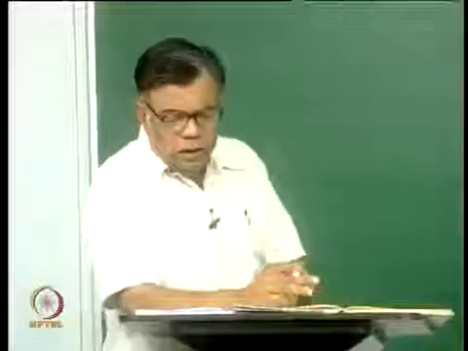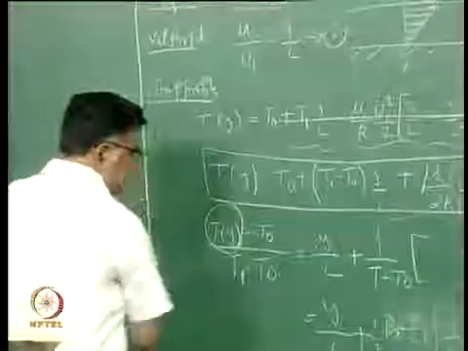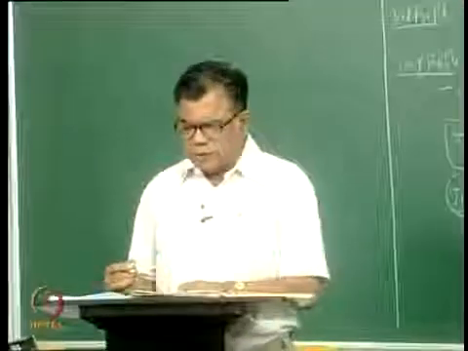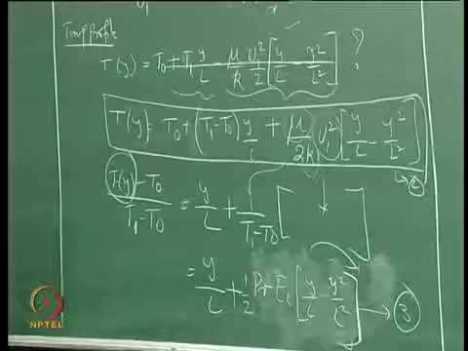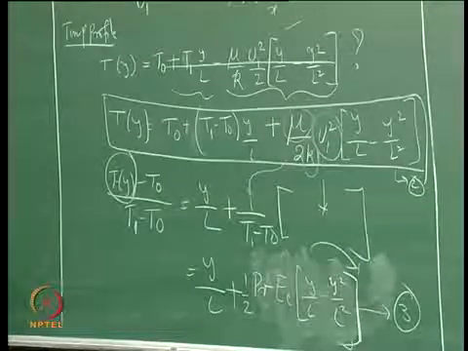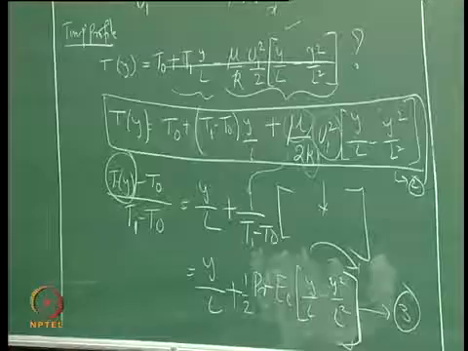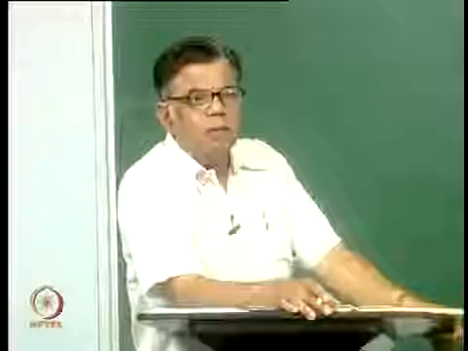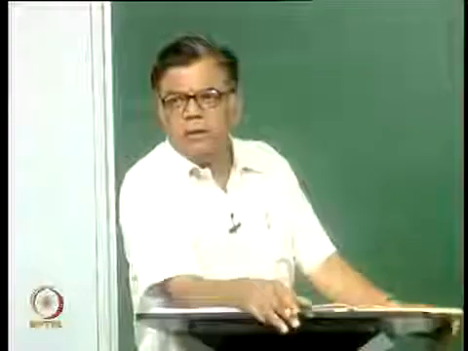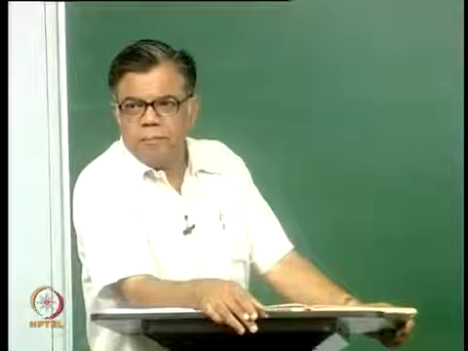Why do we do all this? We would like to know the temperature difference. By the way, suppose you have u1 equal to 0 here, what is the temperature profile? Linear, same thing.